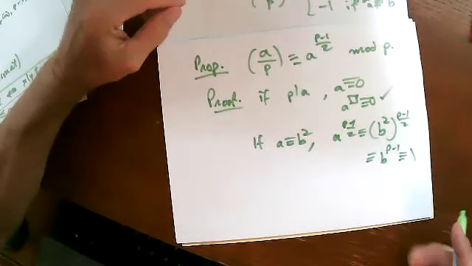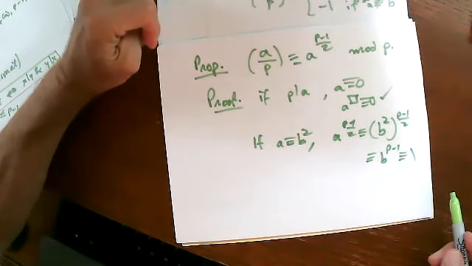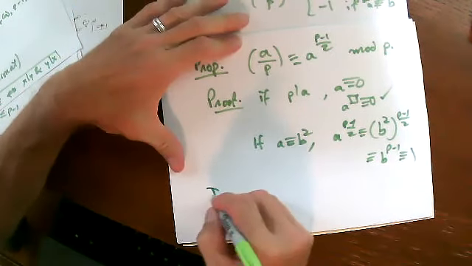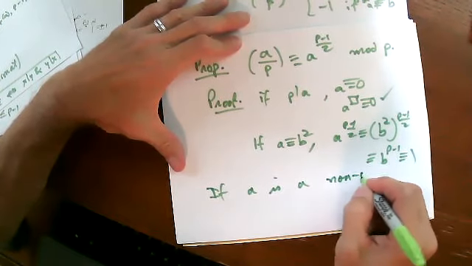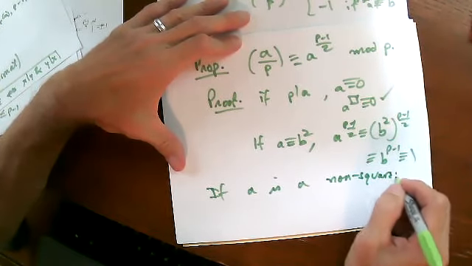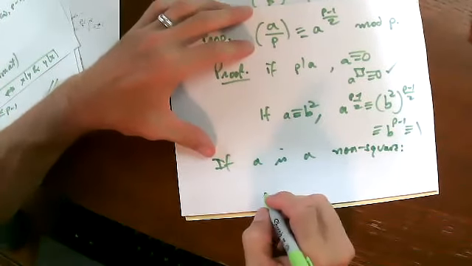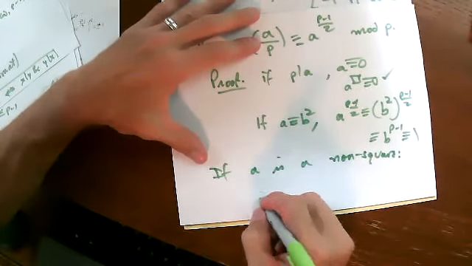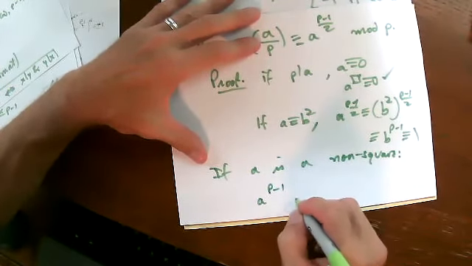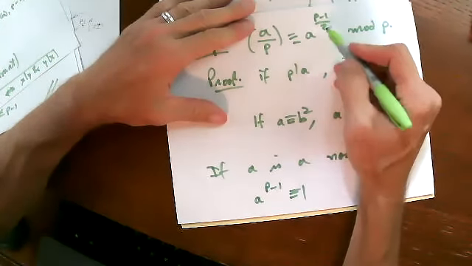Now, what about if a is not a square modulo p? We know that if we take a to the p-1 power, that would give us something congruent to 1, but I'm not asked to take a to that power.